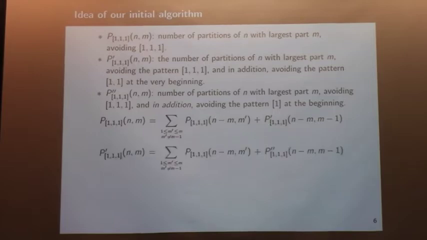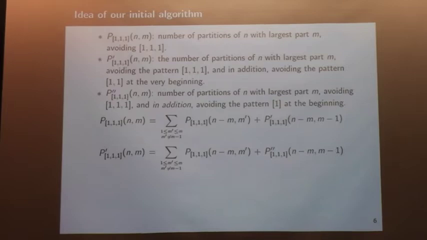Okay, so the second equation, P prime 111(m, n) is equal to the sum of these two terms. Why? It's the same idea, right? We start with a partition that avoids 111 globally and 11 at the very beginning. After we chop off m, we are left with a partition of n minus m.